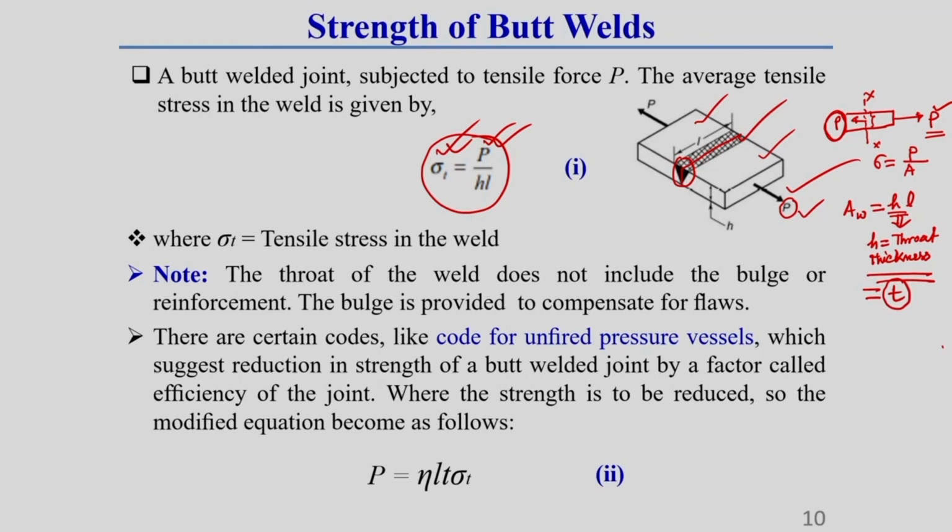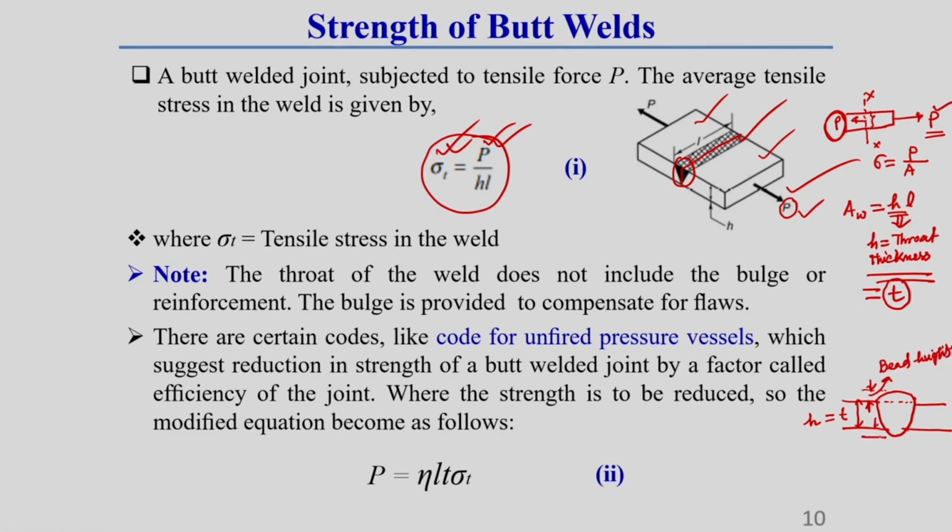Here one thing you should keep in mind. In the case of butt welding, the joint looks like this. This is the plate thickness T, which is equal to the throat thickness. But above the plate thickness there is some extra volume of material, which is generally called the weld bead height.